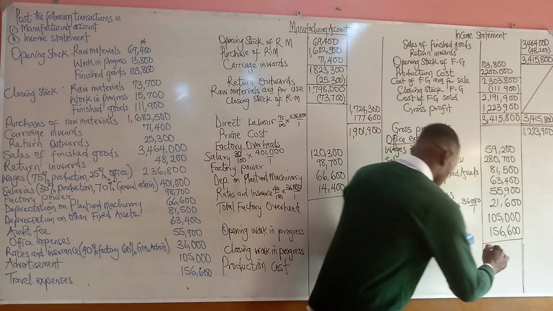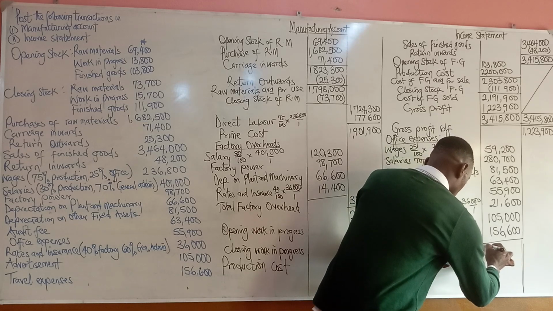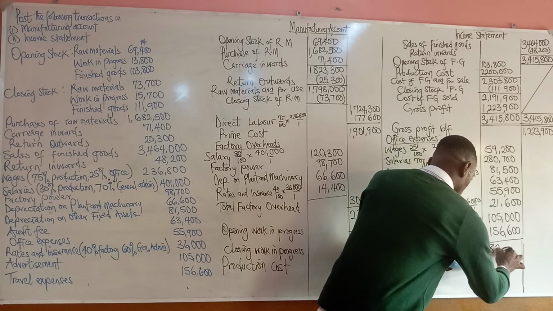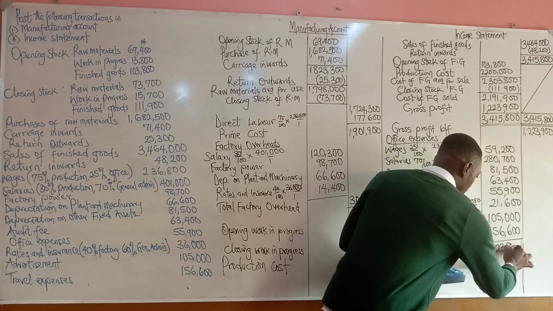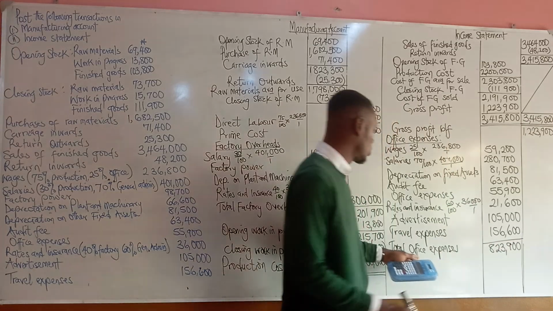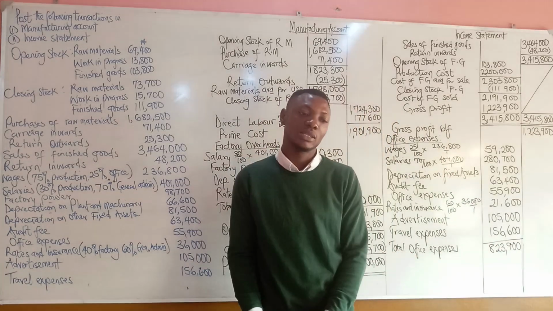That will give me 823,900 as what? As my total office expenses.